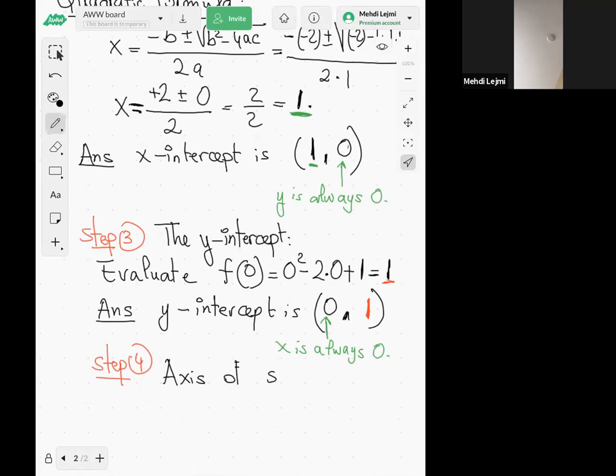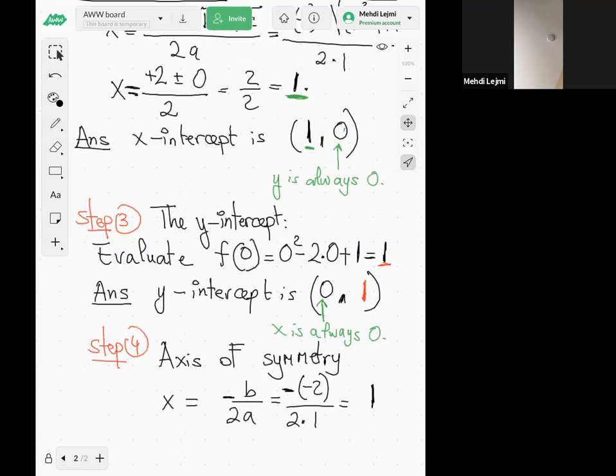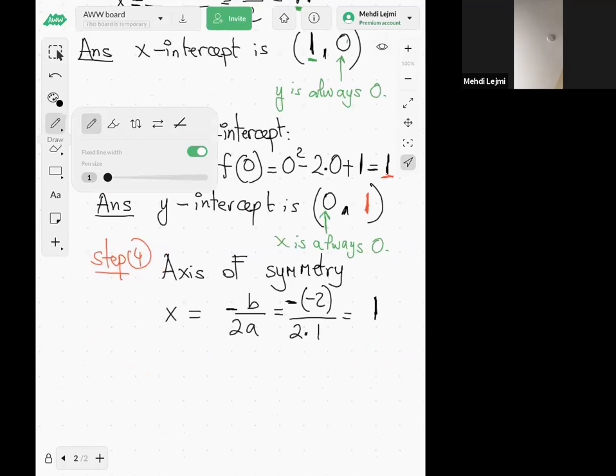The equation is x equals minus b over 2a, so minus b is negative 2, over 2 times 1. That's positive 2 over positive 2, so that's positive 1. So the axis of symmetry is x equal to 1.